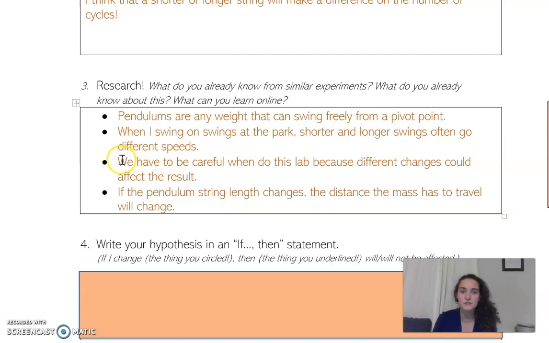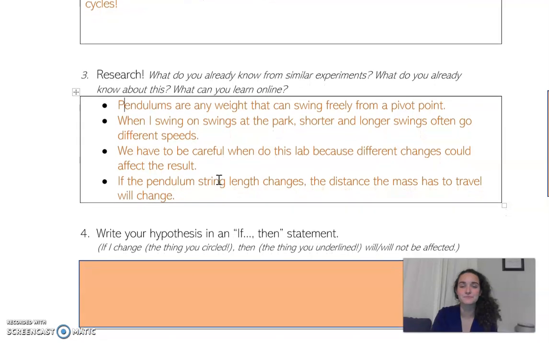I can also think to, when I'm doing this lab, I'm being very careful. I'm trying to isolate all my changes, make everything as precise as possible, probably because if I was not so careful, the results might be affected, which makes me think changing the length of the pendulum will affect the number of cycles.